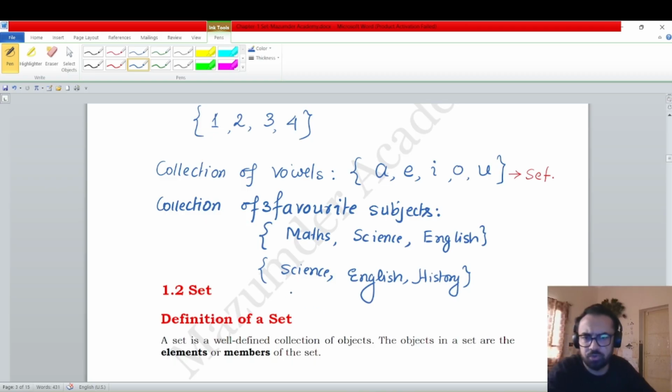Someone else may choose English, Hindi, maths. So it may change from person to person. So this collection of 3 favorite subjects does not represent a set, not a set.